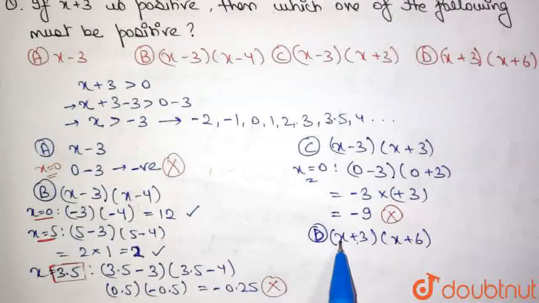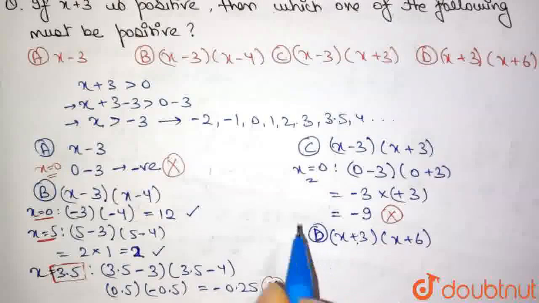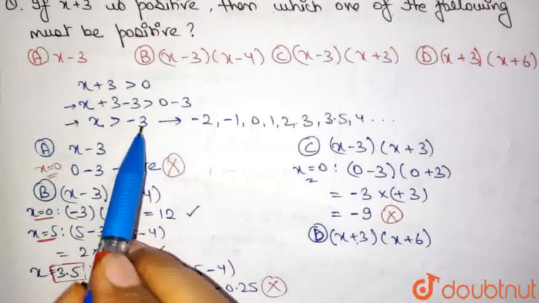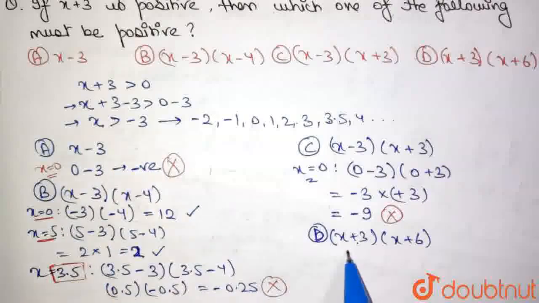So if we take any value of x which is greater than 0, then it is obviously going to be positive. But let us take negative values of x. If you notice, because we have a constraint that x is greater than minus 3, I cannot even take x as minus 3.